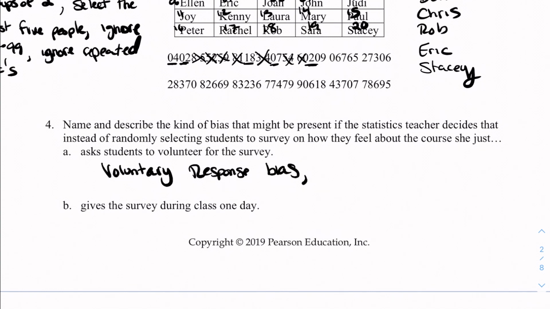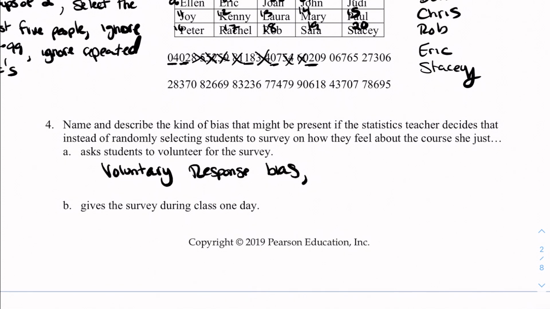The bias would probably be towards students who enjoy the course, and these students would rate the course more favorably, generally. Hey, respond if you want to answer the survey. Give me your feedback. The people that don't like the class generally hold that back when they're trying to communicate that, unless they know it's anonymous.